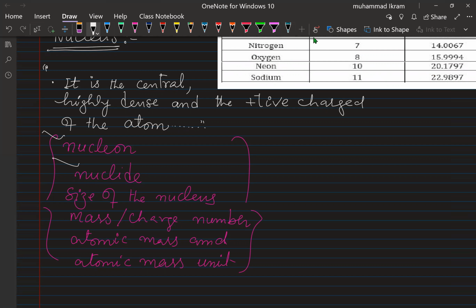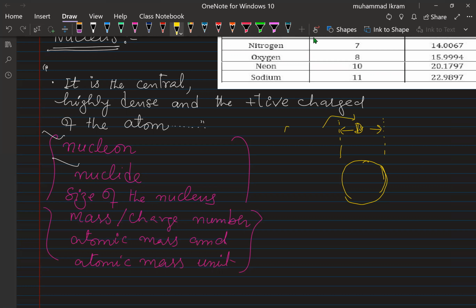Now let us talk about the size of the nucleus. Let me make a nucleus here. This is the nucleus, with this as the diameter of the nucleus, the entire diameter.